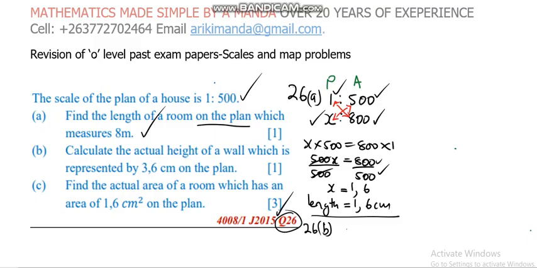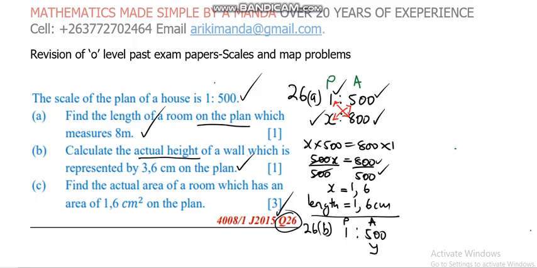But remember, we are still using the same measurement, 1:500. This is plan measurement and this is actual. Don't forget. It says calculate the actual height of a wall which is represented by 3.6 centimeters on the plan. We have to calculate actual height. So on the side of actual, I'll write an unknown, let's say y.